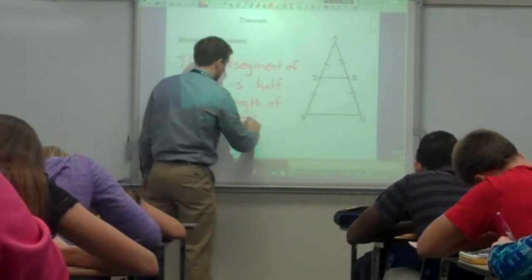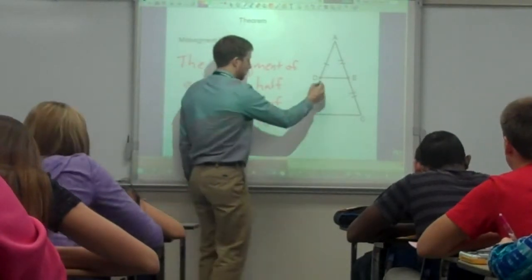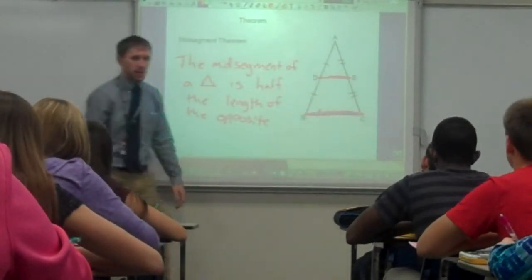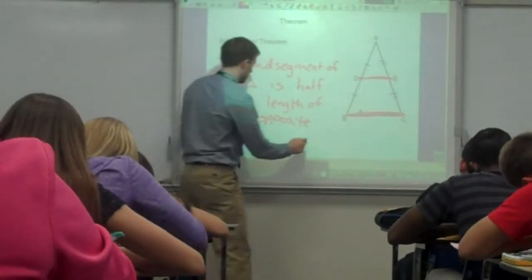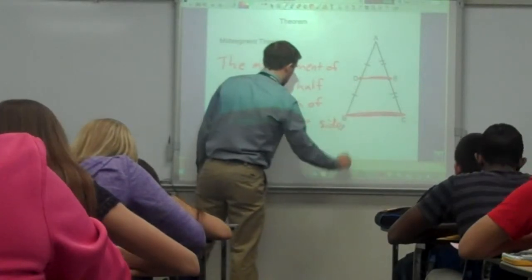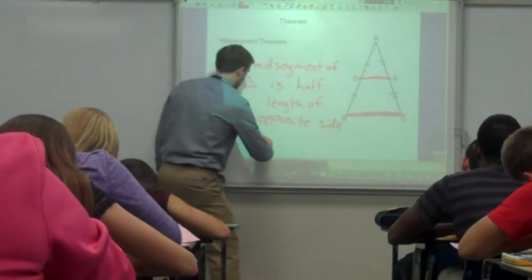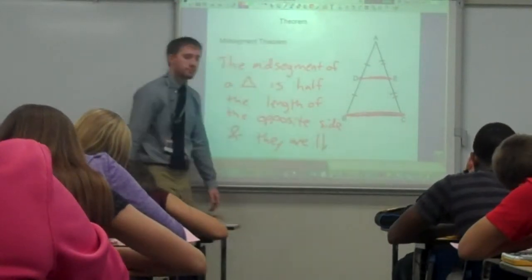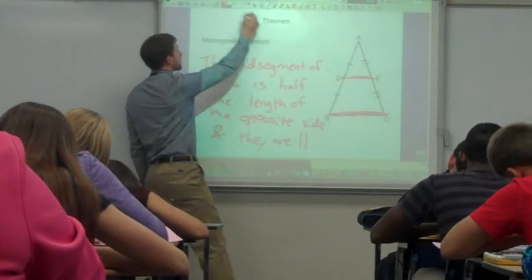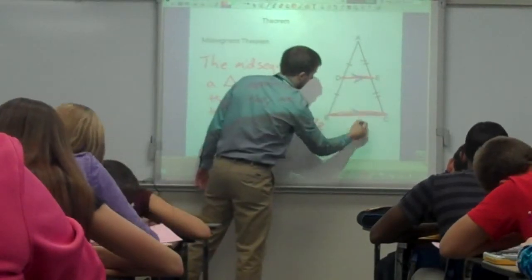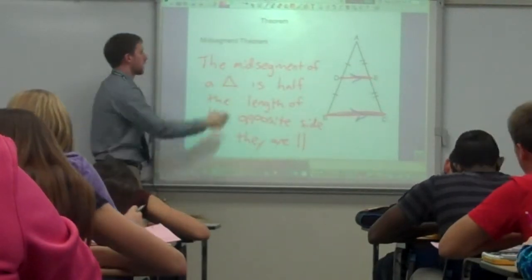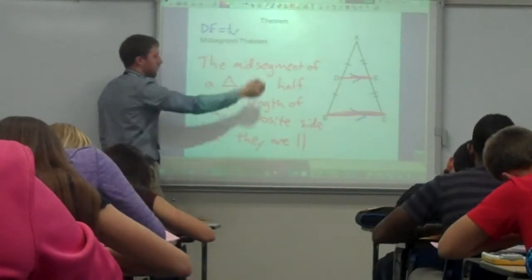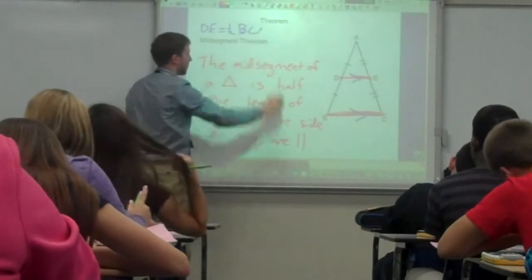And when I say opposite side, I mean, here's the mid-segment, there's the opposite side. Okay? And they are parallel. So this is parallel to that, and the length of DE equals 1/2 the length of BC.